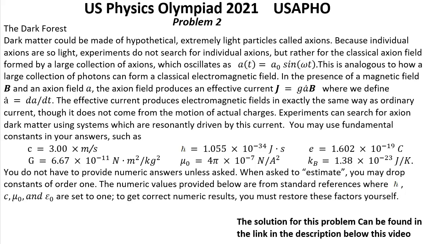Experiments can search for axion dark matter using systems which are resonantly driven by this current. You may use fundamental constants in your answers, such as speed of light c, h, that's the Planck constant, e, that's the charge of the electron, G, that's the gravitational constant, μ0, that's the magnetic permeability of vacuum, kB, that's the Boltzmann constant.